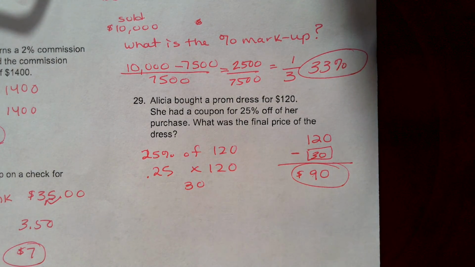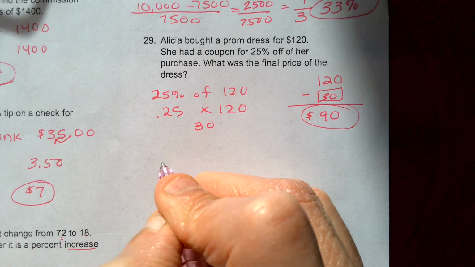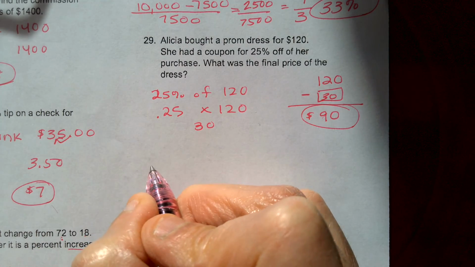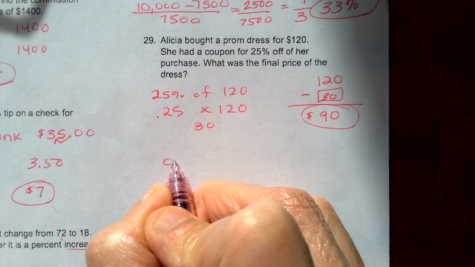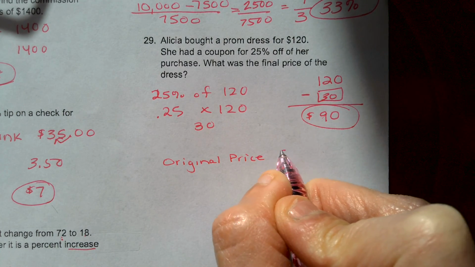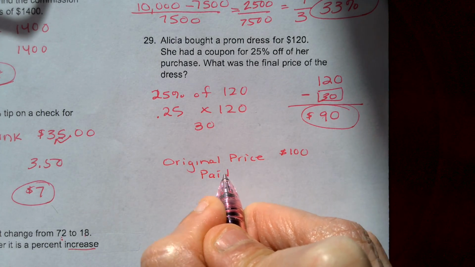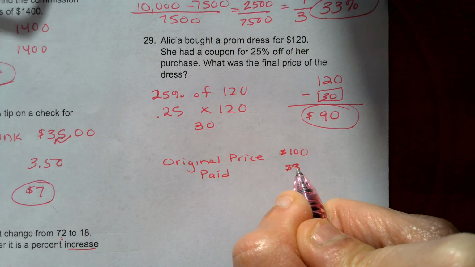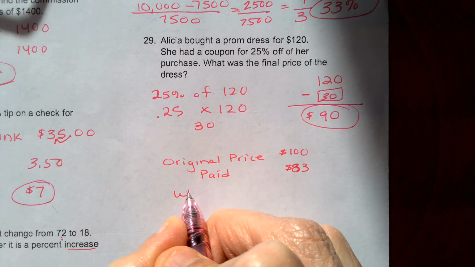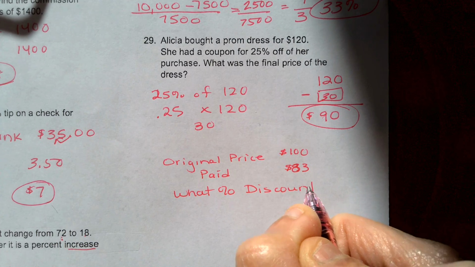I have one more for you before I let you go. Okay, let's say you purchased another, just like this one. You purchased a prom dress, well, the original price was $100, or a suit, but you paid $83. What percent discount did you get?